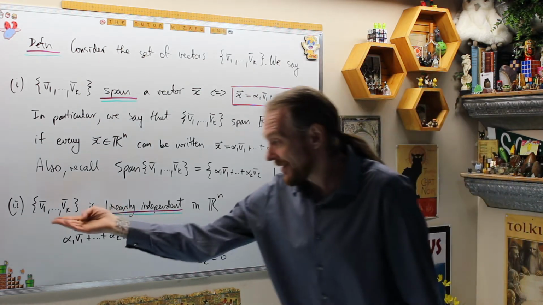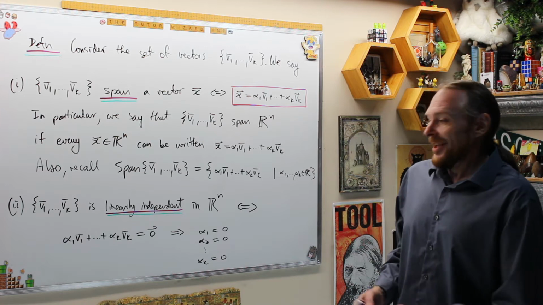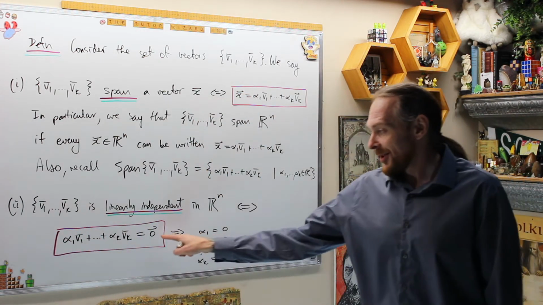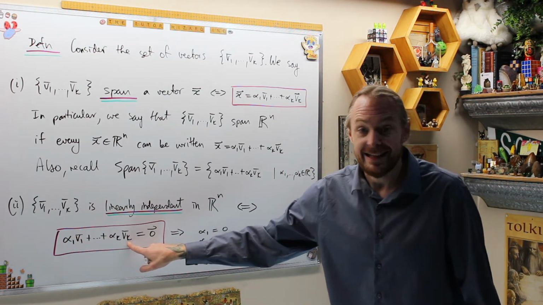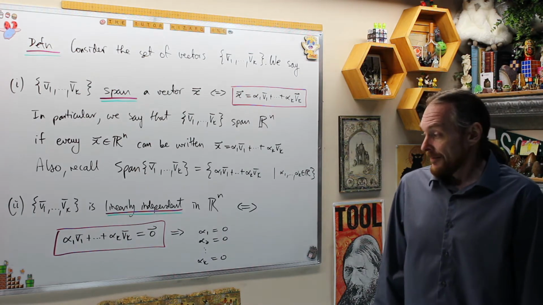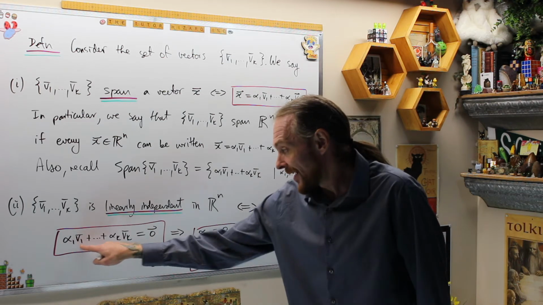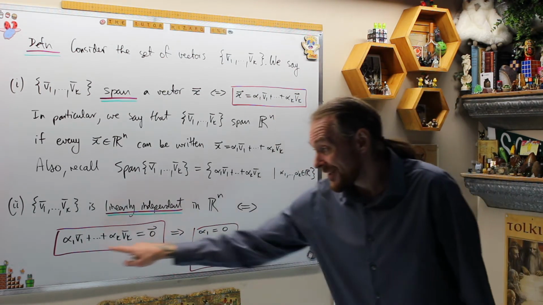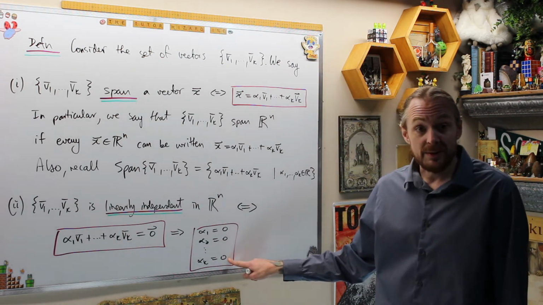So what is linear independence? It's this horrible conditional in the conditional. If you have this conditional statement, if 0 is in the span of these guys, the only way you can get that is if all of those coefficients were 0. So this condition says that if these vectors form a linear combination equal to 0, then the only solution to this homogeneous system of equations is the unique trivial solution.